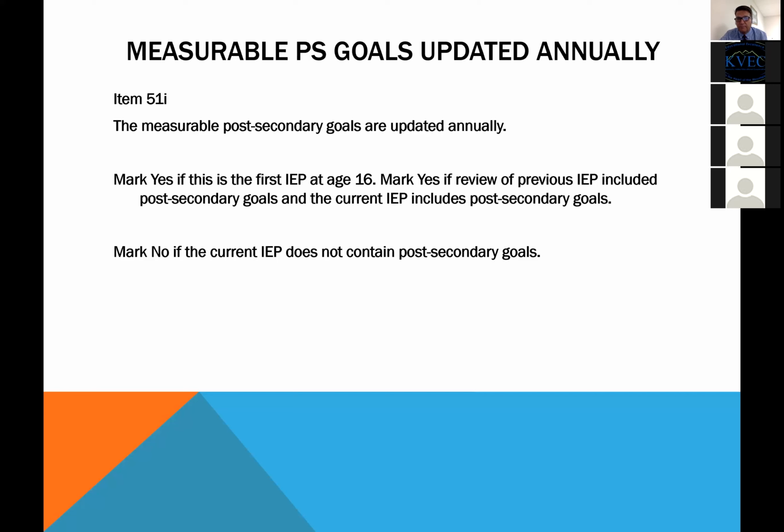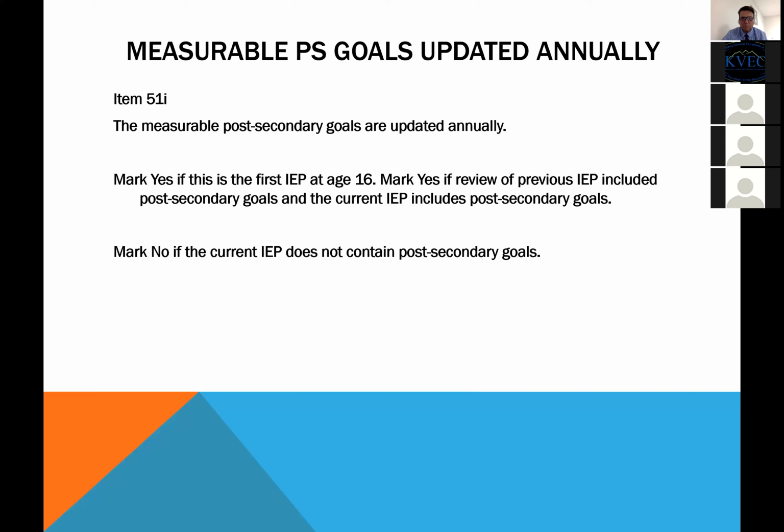All right, so on 51I, we're looking at your measurable post-secondary goals. Are they updated annually? The measurable post-secondary goals are updated annually is what 51I is. You're going to mark yes if this IEP is the first IEP at age 16, because you don't have any post-secondary goals yet before they're 16.